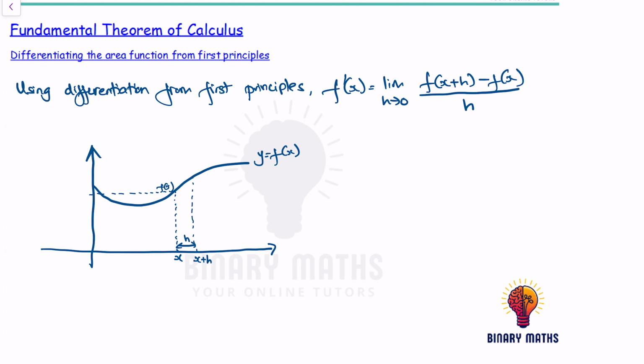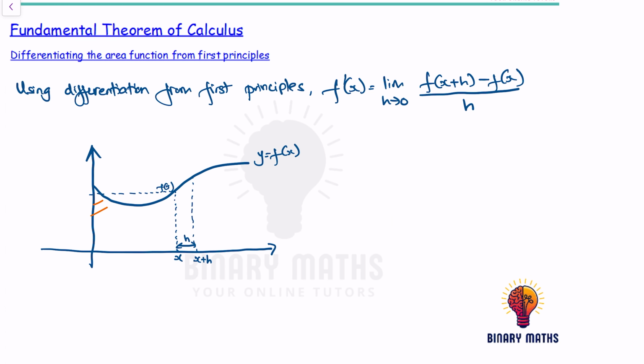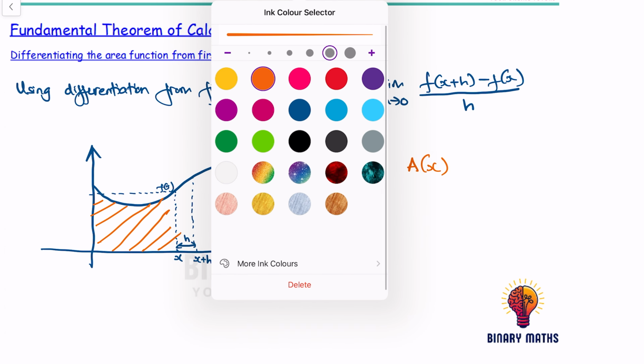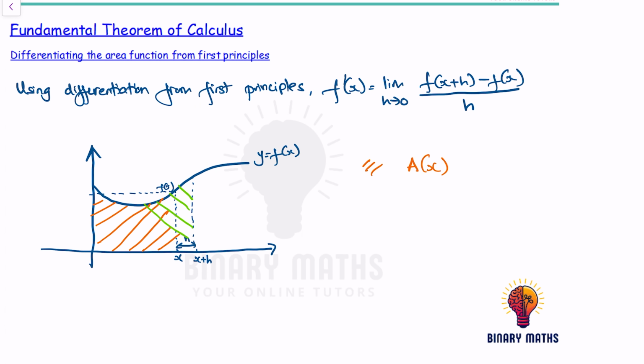Then, if I use a different color, the orange represents the area of x, and the green represents all the extra part, so all the orange part plus the extra part is the area of x plus h.